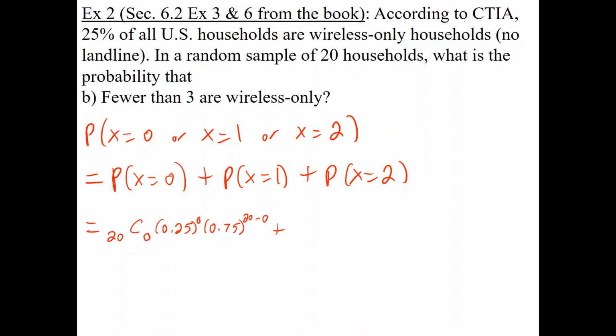Then you do that for each term. For the next term, all the zeros change to 1. So this is 20C1, 0.25 to the power 1, 0.75 to the power of 20 minus 1. And the next term, every 1 changes to 2: 20C2, 0.25 to the power 2, 0.75 to the power of 20 minus 2.